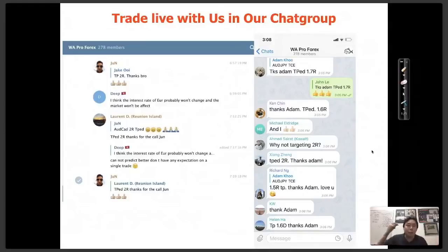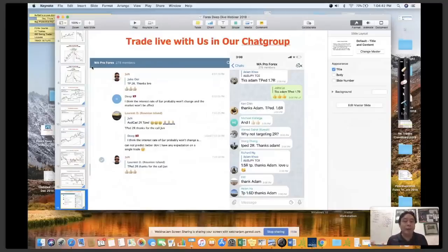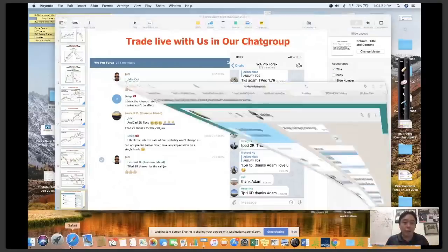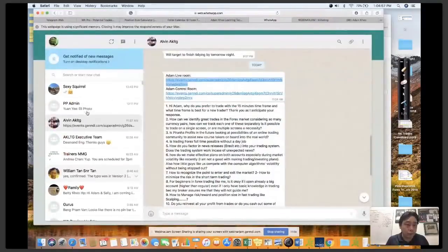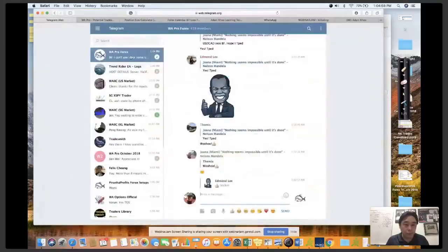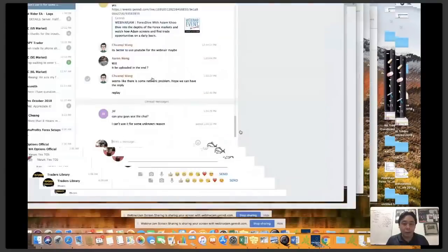So the moment someone posts an alert, how do we look for trades every day? Basically, we've got a trading community of about 400 traders all around the world. So whenever we are free, we look at the markets and we alert each other, every single day. In fact, if I open up my Telegram chat group, let me just show you where it is right now. Yeah, you can see, they are all trading right now.